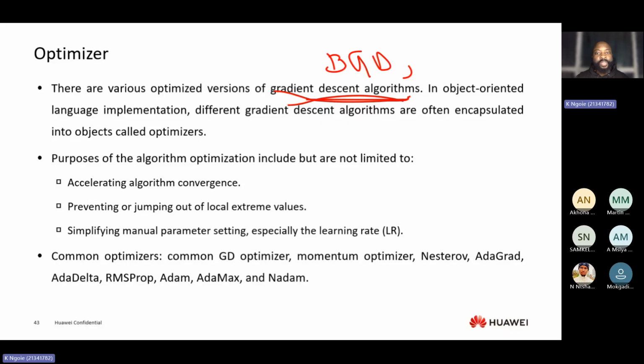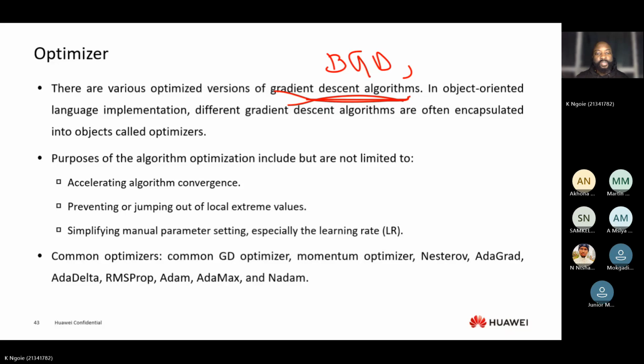What was the next one, guys? What's the next gradient descent method? We have the batch gradient descent.